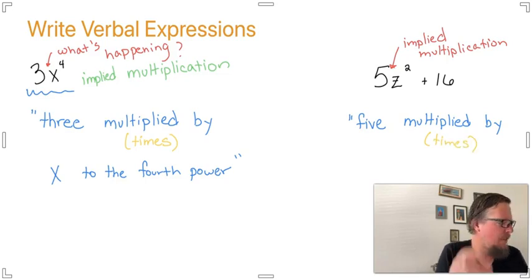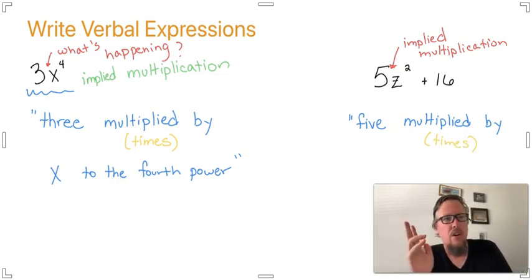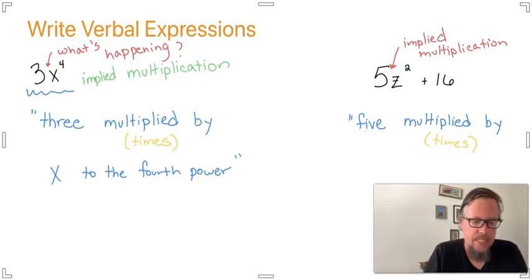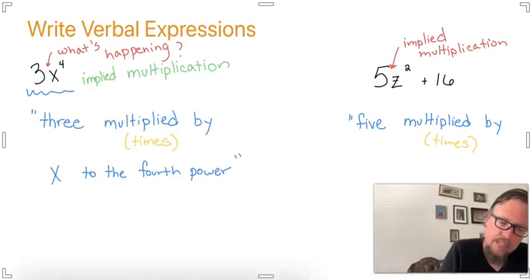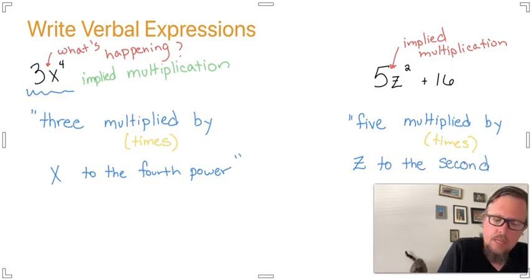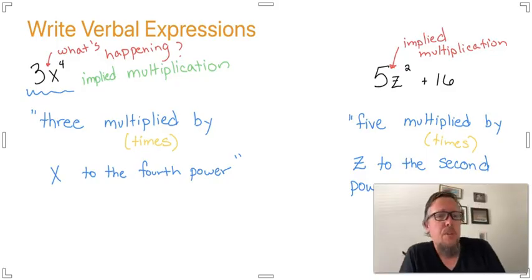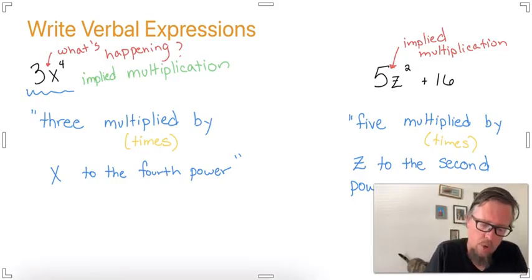And when you have an exponent of 2, there are actually 2 different ways we can say that. One of the ways we can say it is 5 multiplied by z to the 2nd power. But you may have also heard, when we have an exponent of 2, using the word squared.